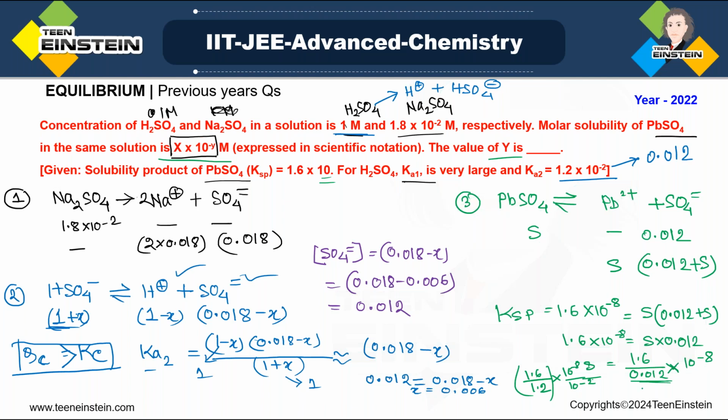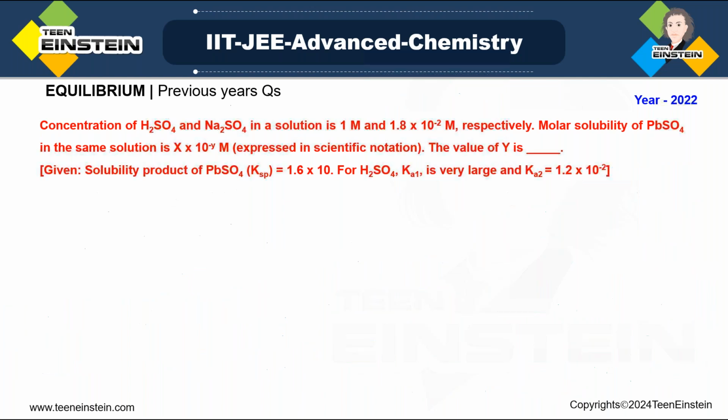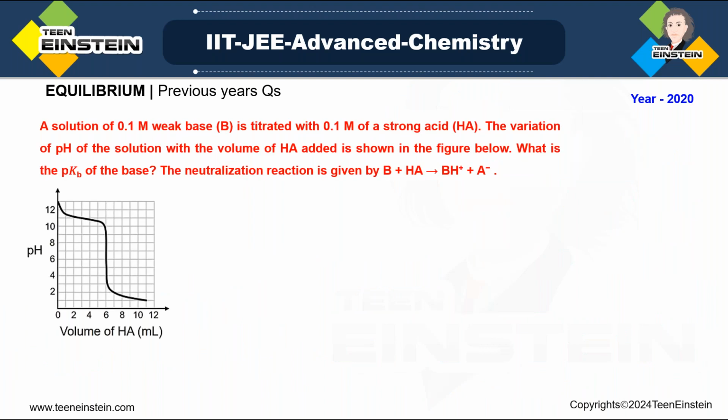That is the reason I have changed 0.012 to 1.2 into 10 to the power minus 2. So this part you can consider as x, and from this part you will get 10 to the power minus 6, and this 6 is actually our answer because we have to find this y. Okay. Next question, okay, it is the same question.